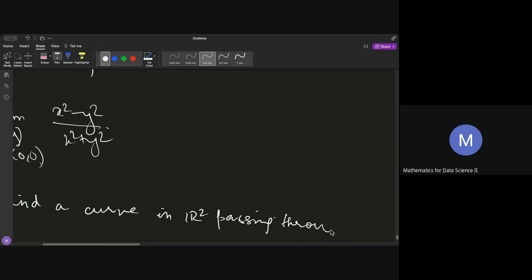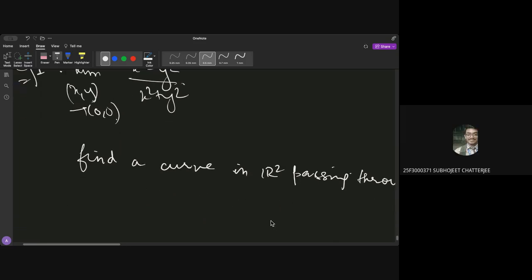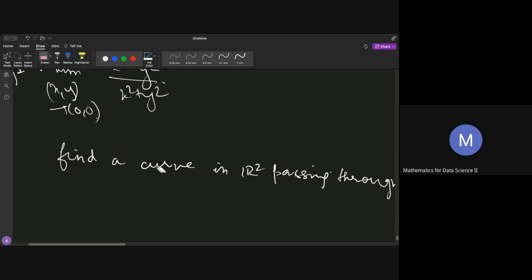Can someone give me a curve that passes through (0, 0)? Ma'am, y equal to x square. Or a function. Let's not even take a curve, let's just take a function.